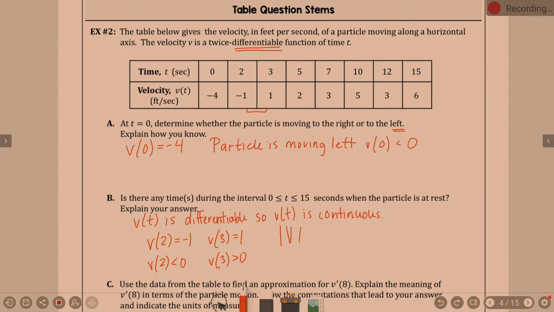Okay, so the intermediate value theorem says there exists a time between 2 and 3, so 2 less than t less than 3, where velocity equals 0 and the particle is at rest.